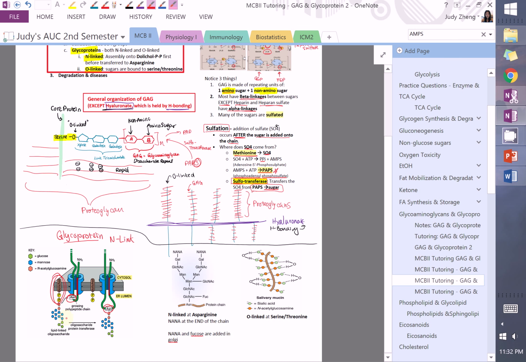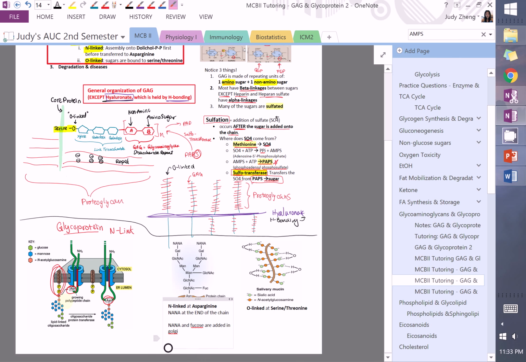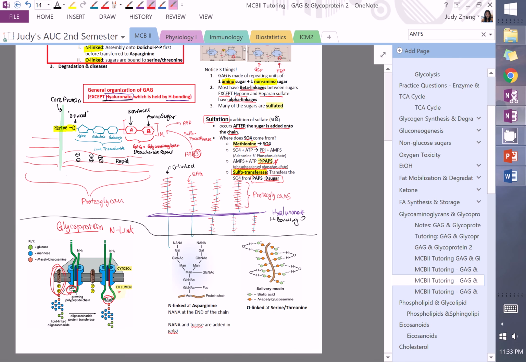Then they're transferred to asparagine. This is all occurring in the rough endoplasmic reticulum of the cell. So when this is all done, it would have this sugar attachment to the protein.